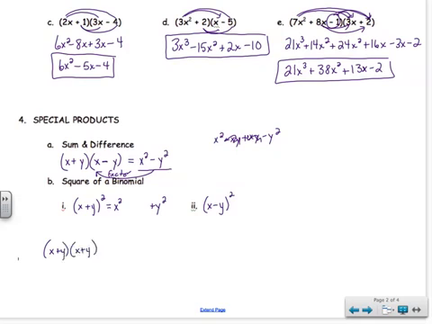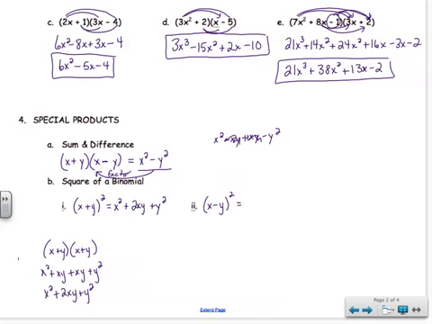If I multiply those out using FOIL, I get firsts plus outers plus inners plus lasts. And you'll see in this case those middle terms don't cancel out like they did in example A in special product part A. So what we end up here with is x squared plus 2xy plus y squared. So we have this middle term in here that doesn't cancel out.